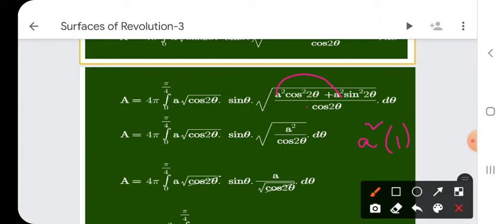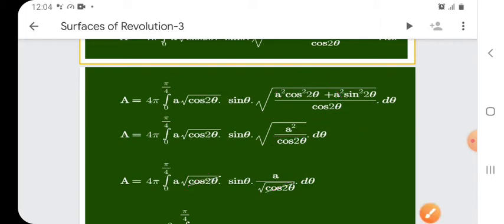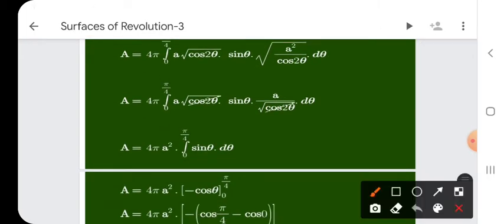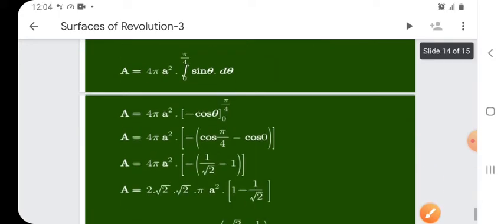So a square into 1 is a square by cos 2 theta. Root a square means A, and in the denominator we get root cos 2 theta. Here we also have root cos 2 theta, so they cancel. What is the remaining term? 4 pi a into a square, sin theta d theta. Now I integrate sin theta.